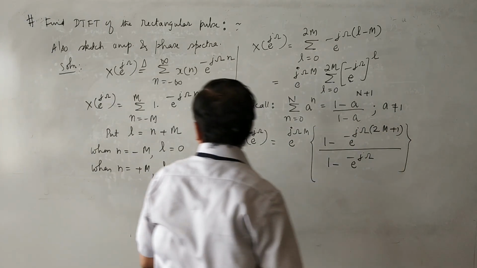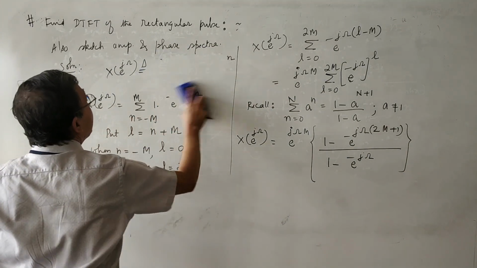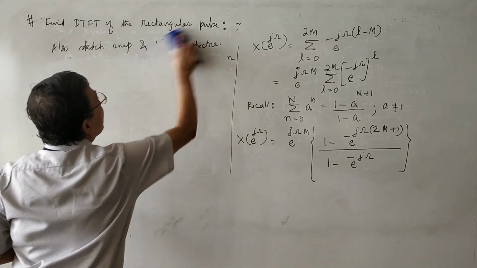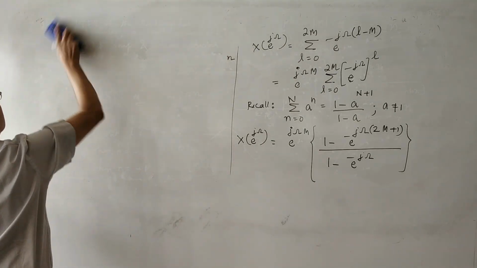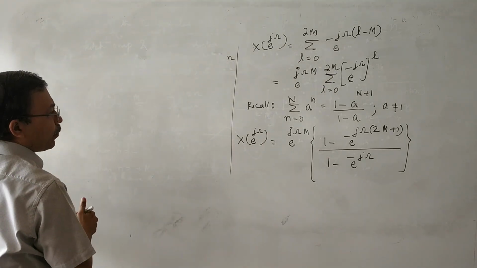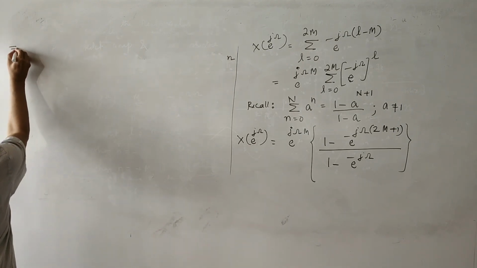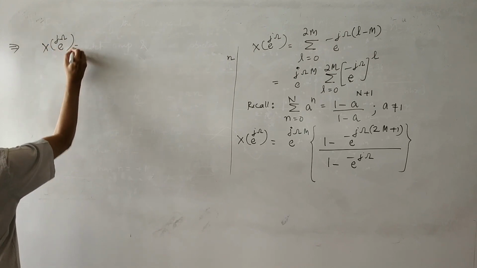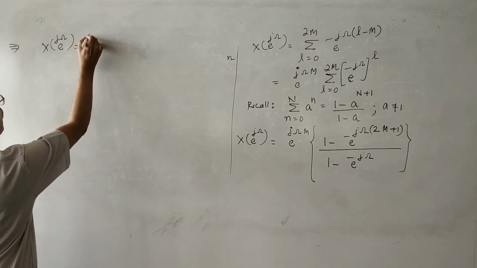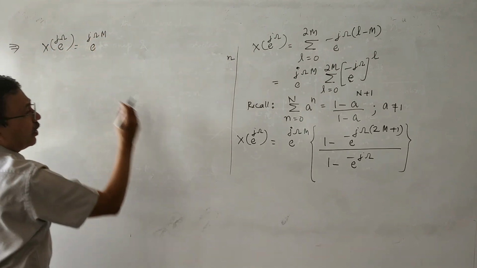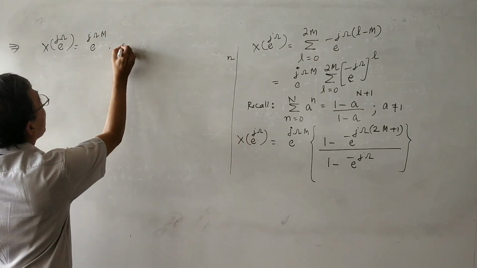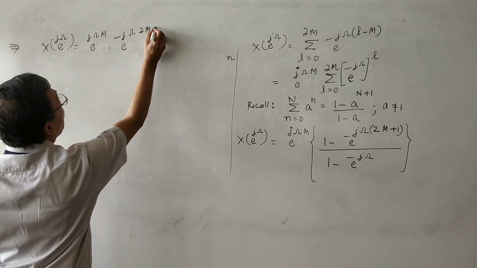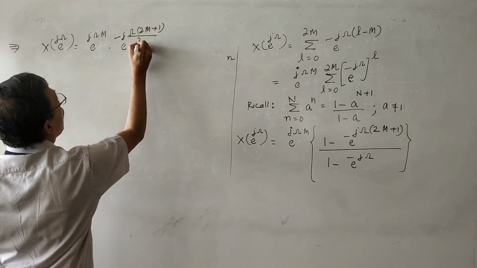Now we will simplify further. This implies X of e to the power j omega is equal to e to the power j omega m. In the numerator, I will take e to the power minus j omega (2m plus 1) divided by 2 common.